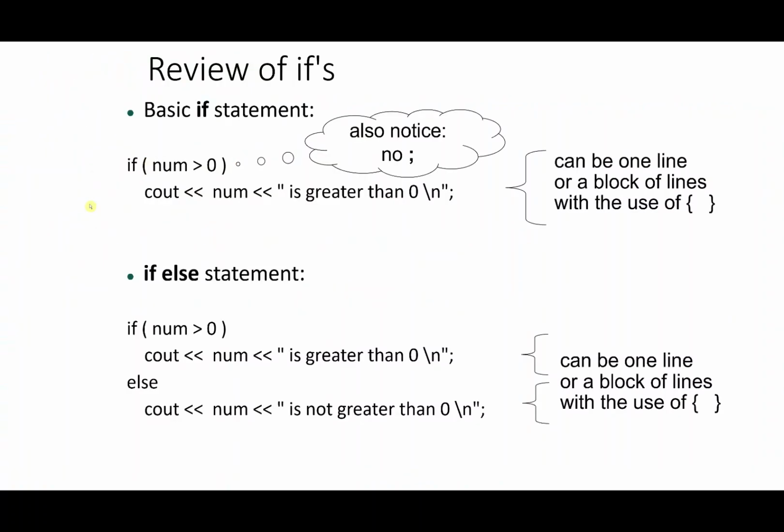So, a review of the if statement. You have either the basic if, that is if without else, and never have a semicolon after the condition, because there is something that you should know. If you have a semicolon in here, this is considered a legitimate statement in C++. Why? Because it's called the empty statement.